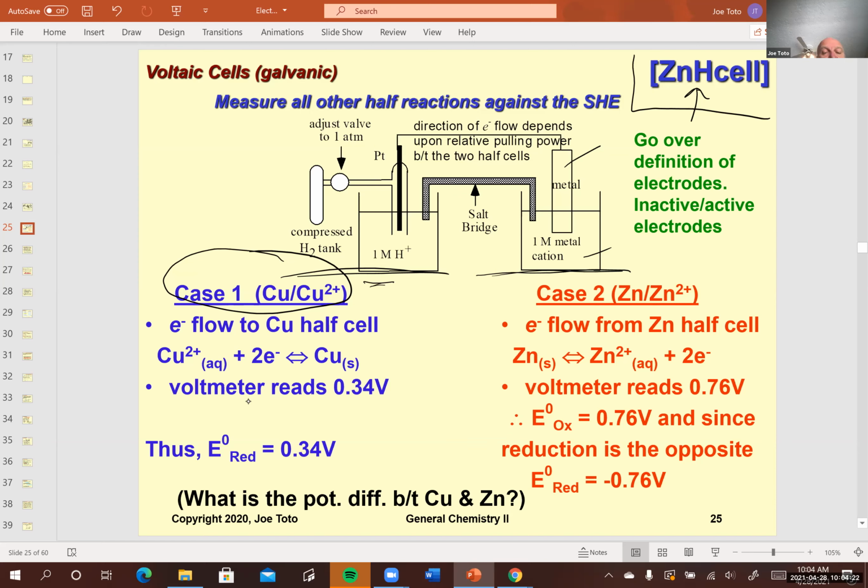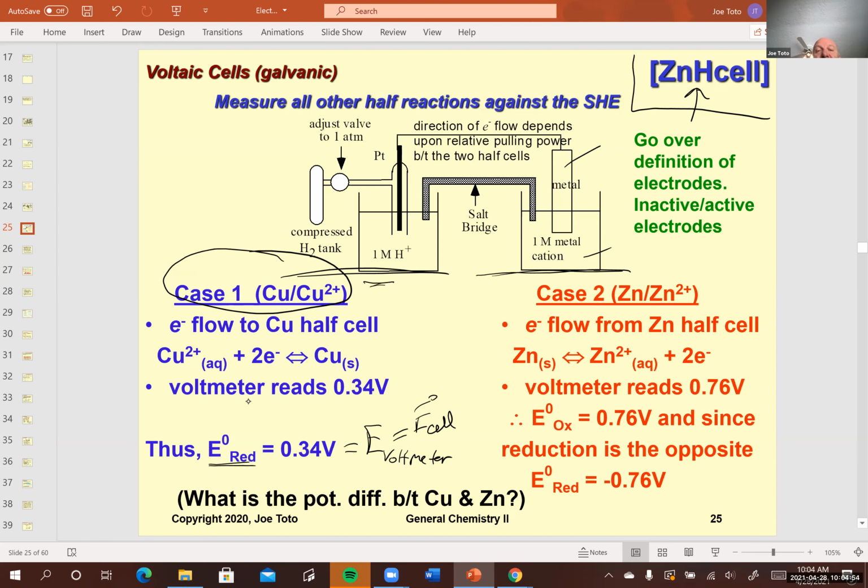Furthermore, the voltmeter reading is what we call, for this case, E reduction 0, or sometimes E cell. This is E cell, the overall cell potential under these standard conditions.